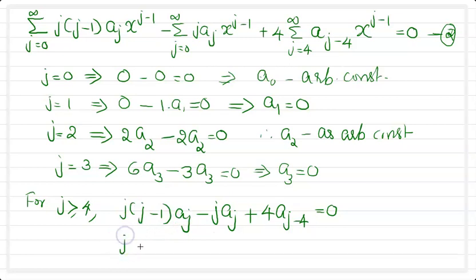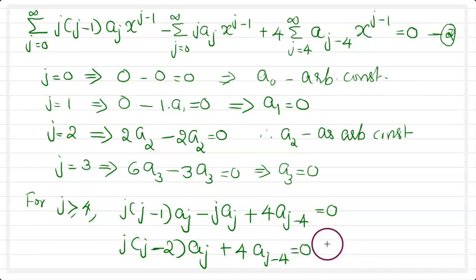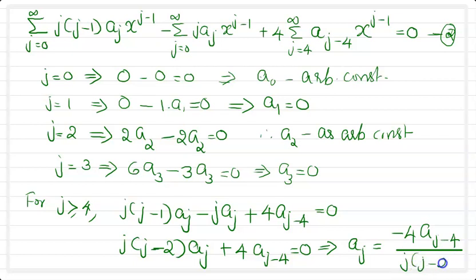Then we get j into j minus 1 minus 1, which is j minus 2 into aj plus 4 aj minus 4 equal to 0, which gives the recurrence relation aj equal to minus 4 aj minus 4 divided by j into j minus 2.